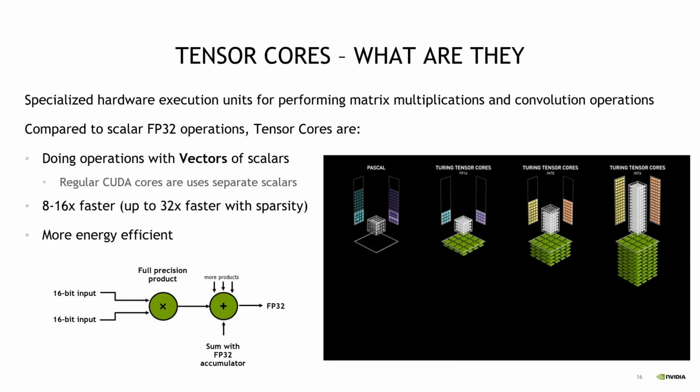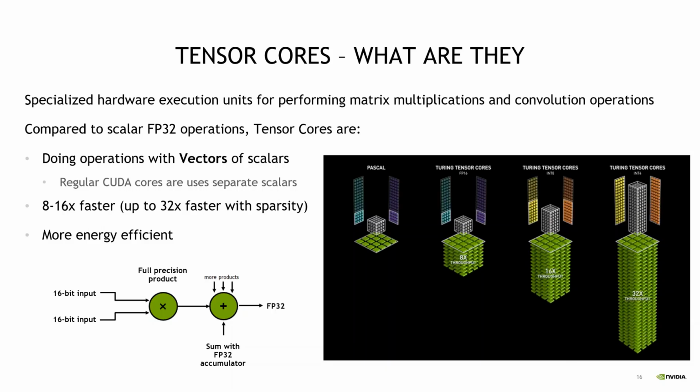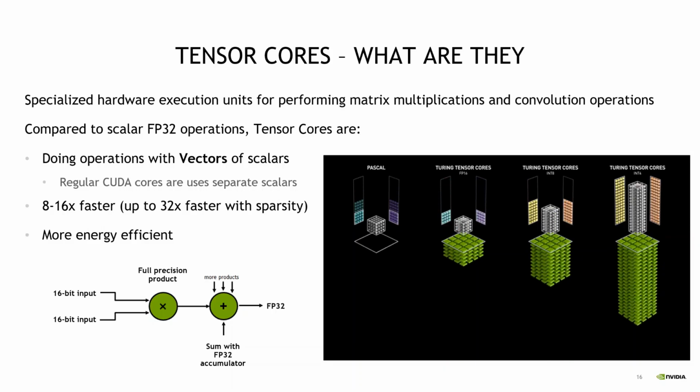They are a specialized hardware execution unit for performing matrix multiplication and convolution operations. The first generation Tensor Cores in NVIDIA Volta deliver great performance with mixed precision matrix multiply in FP16 and FP32 over NVIDIA Pascal. Tensor Cores do operations with vectors of scalars. They multiply vectors per 1 GPU clock.